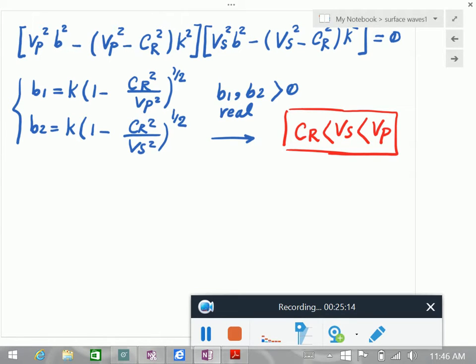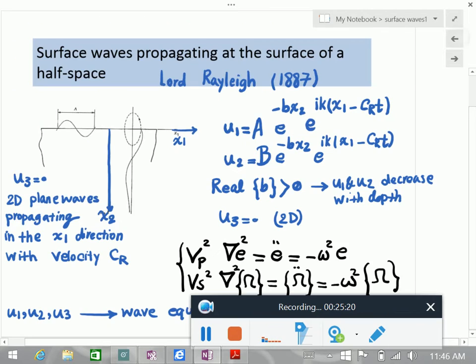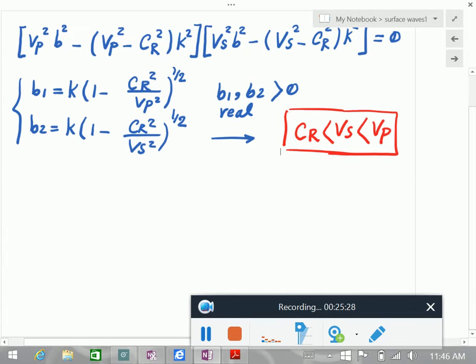Now, for all of this to make sense, B1 and B2 have to be positive, because otherwise what we started with doesn't make any sense. If this is negative, it's going to grow with that, right? So if we impose that, we get this expression, and we see that this is only possible if CR is less than VS or less than VP.